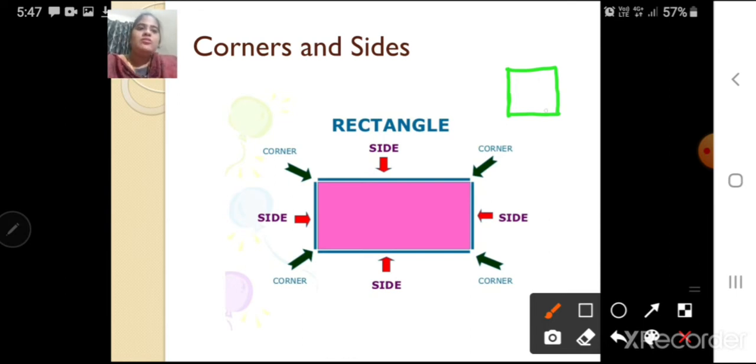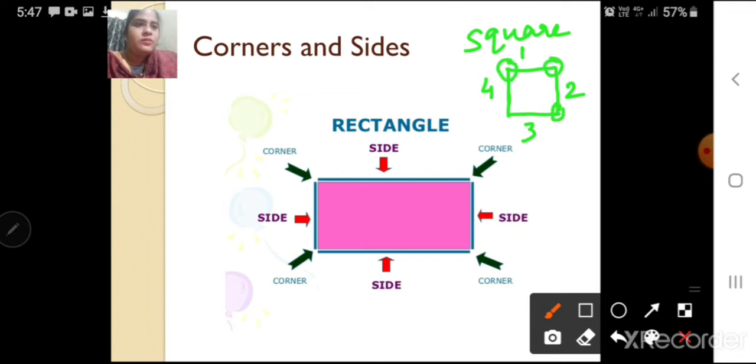In a square also you can see there are four sides. You can count 1, 2, 3 and 4. There are four sides, and there are four corners also. This is one corner, this is one more corner here and one more corner. So there are four corners and four sides in a square as well.